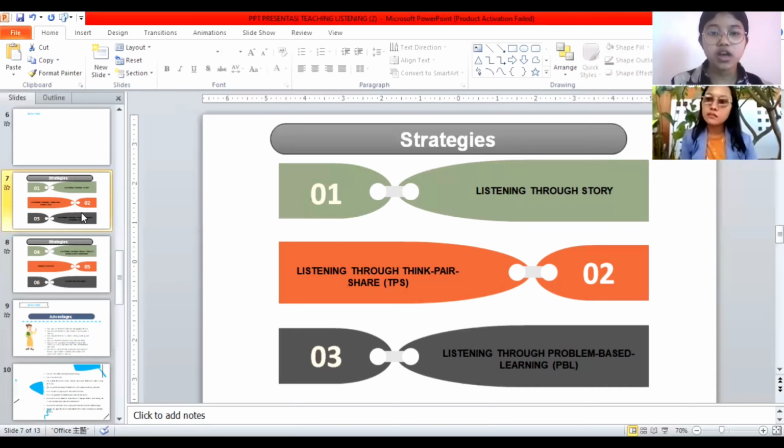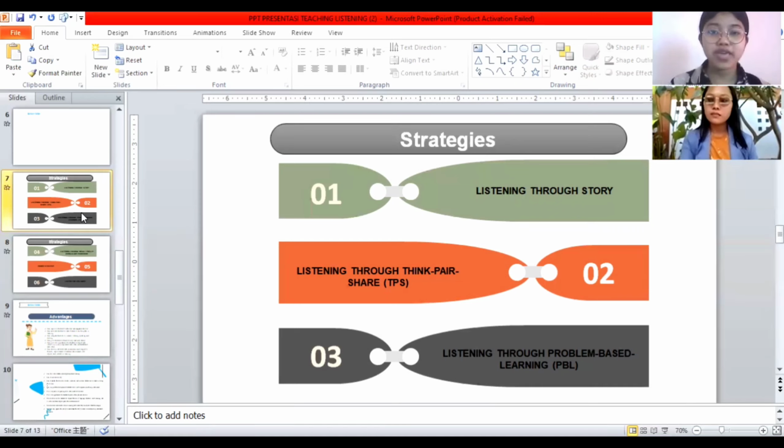The fourth one, several groups of students present their answers in front of the class after discussing. And the last one, other students provide criticism and suggestions for the answers submitted by their friends.